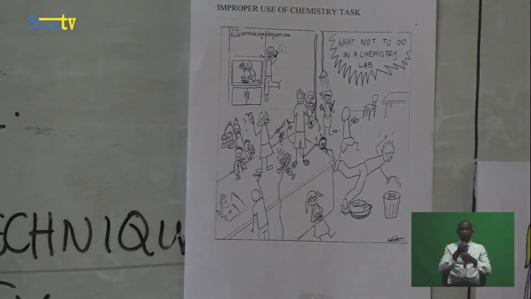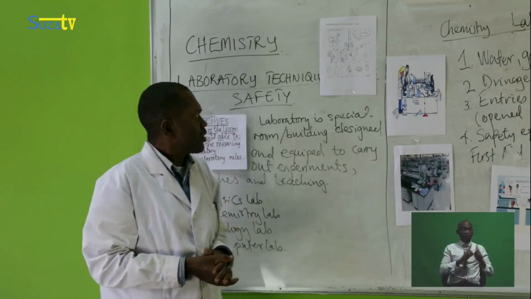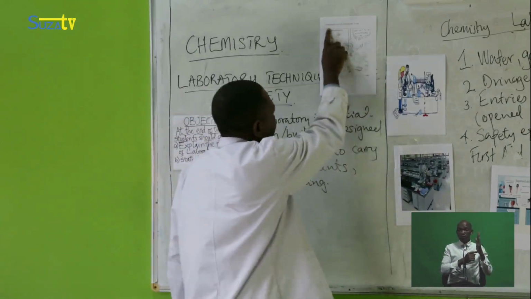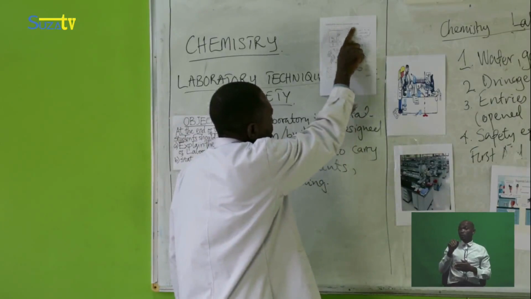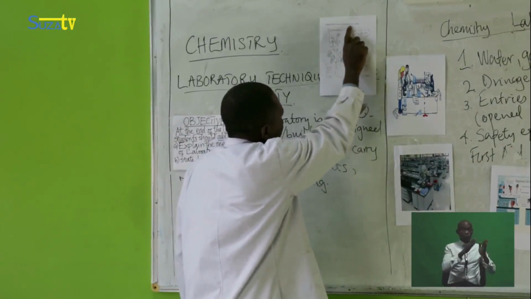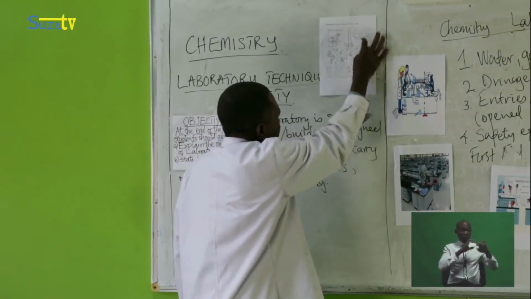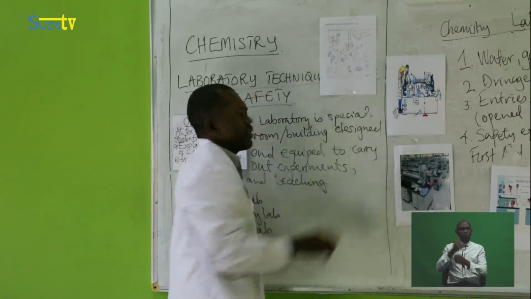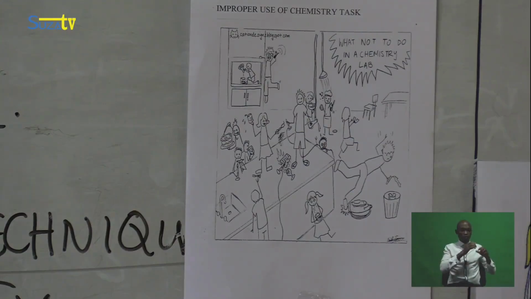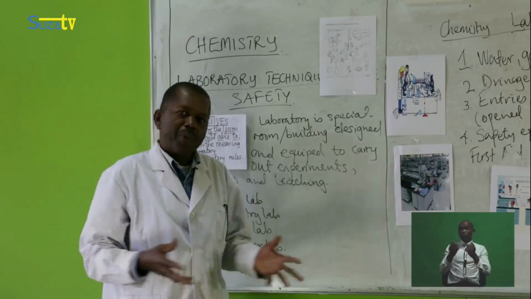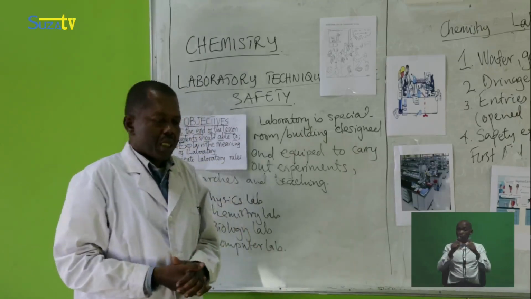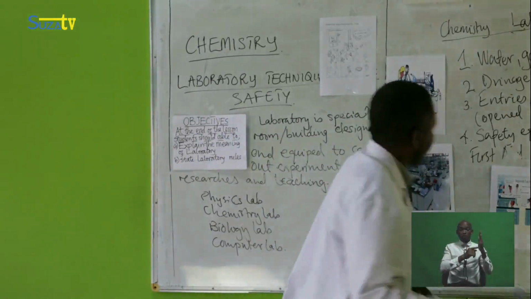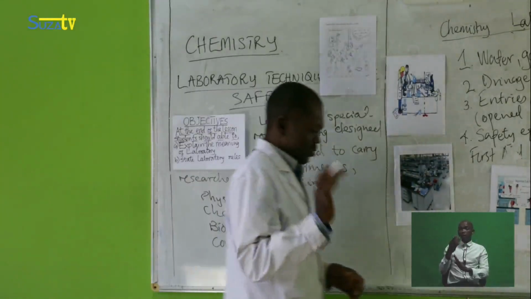So meaning that they do not seem to follow the laboratory rules, as it is written, improper use of chemistry laboratory, but this one is your task. What not to do in the chemistry lab. So now I think it's a time for you to prepare your own rules. Let's start with the first rule.